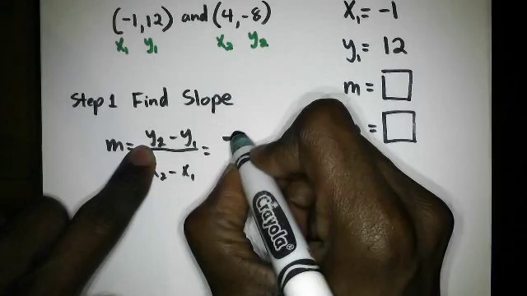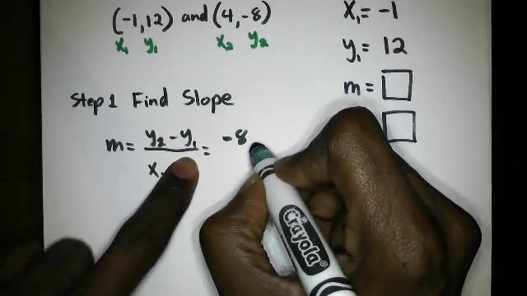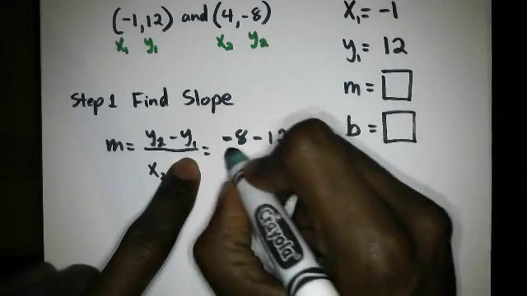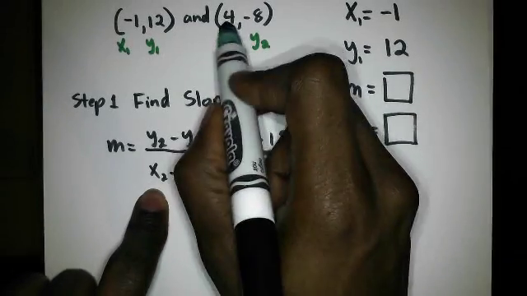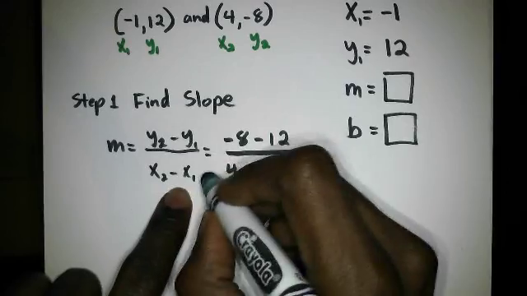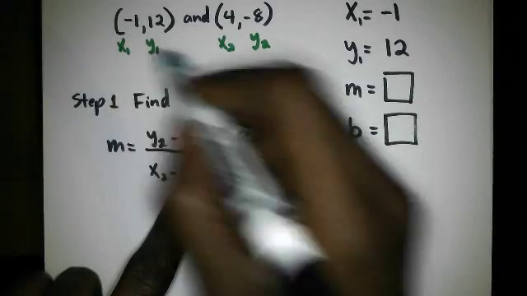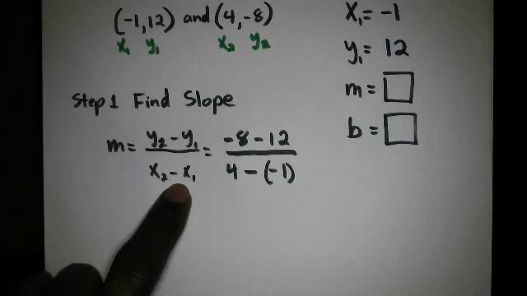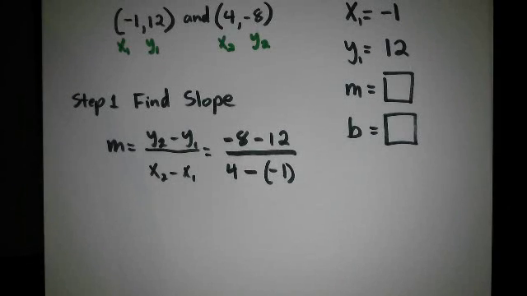y2 is -8. y1 is 12, so minus 12. x2, which is 4, minus x1, which is -1. If you notice, we have 2 negatives by each other. That's why I put the parentheses, so that I could separate them. But in the middle, there's 2 negatives.